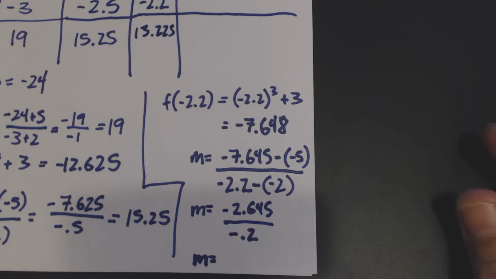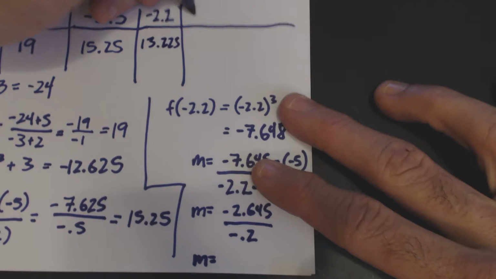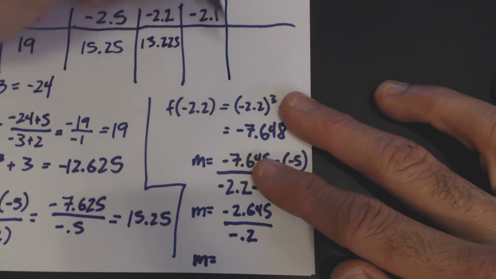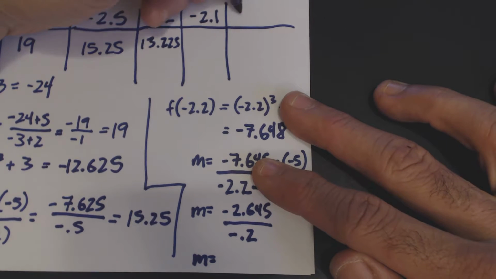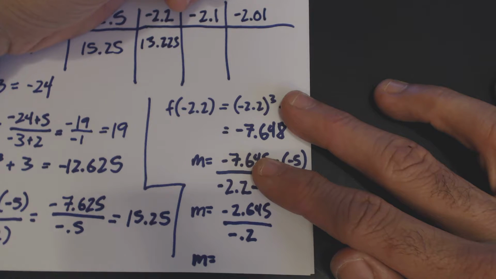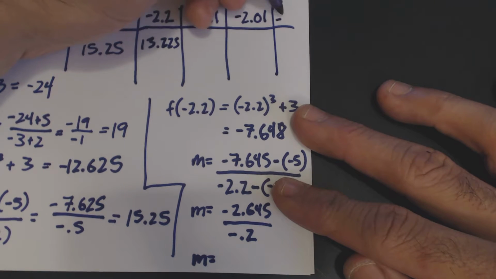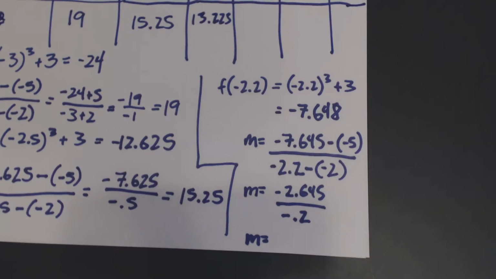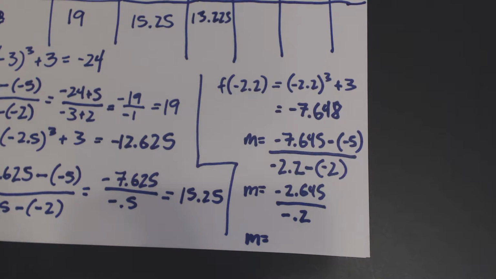Alright, we've got a few more points to go here. We've got negative 2.1, negative 2.01 and negative 2.001. So I'm going to use a different piece of paper to continue doing this problem that's extremely long.